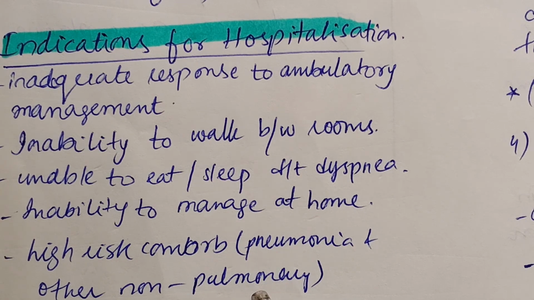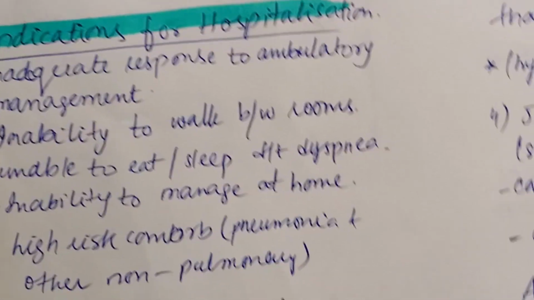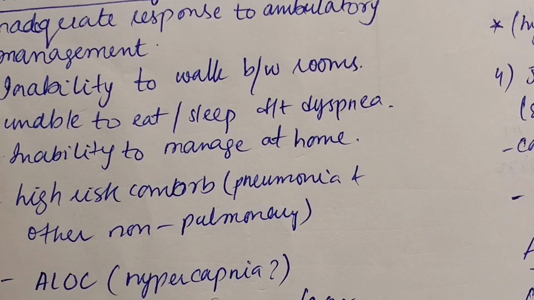COPD patients in later stages of acute exacerbation, when not treated initially, can develop hypercapnia, and hypercapnia can lead the patient towards altered level of consciousness. So it is a very important feature.